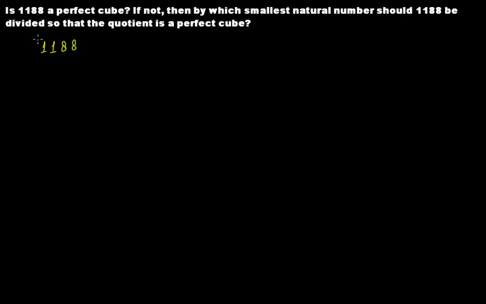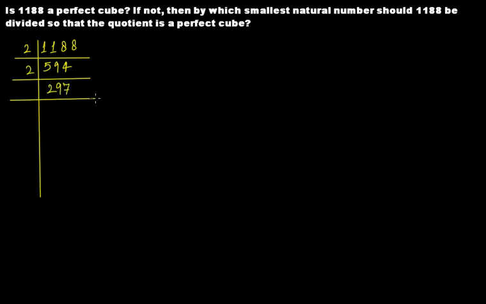If you divide this by 2, you get 594, then 2 into 297, then 3 into 99, then 3 into 33, then 11, and then 1.